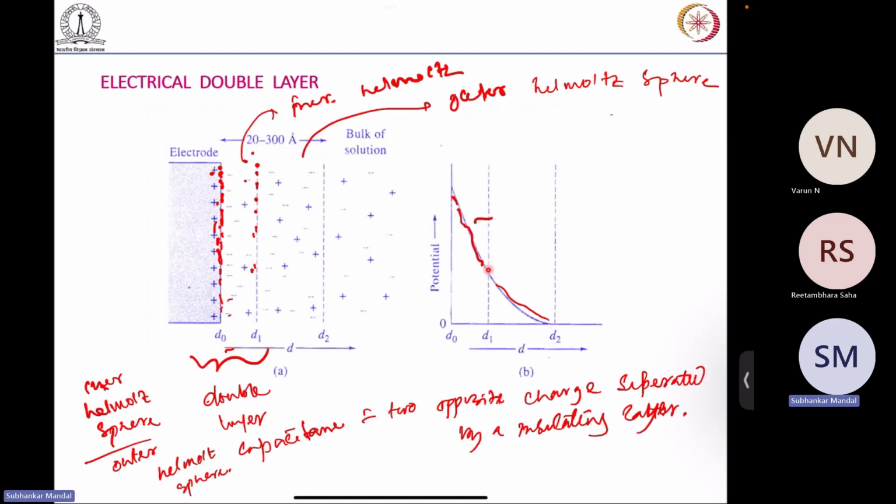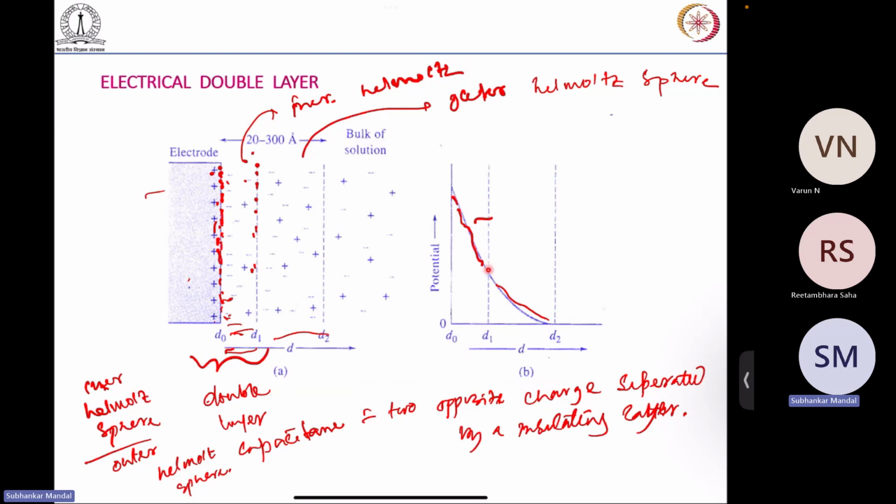Then after that we have discussed the electrical double layer, where you have the electrode, and if the electrode surface is positive, then negative charge will adsorb on the surface, and the intensity or concentration of negative charge will be high. This part is called the inner Helmholtz plane, and this is the outer Helmholtz plane.